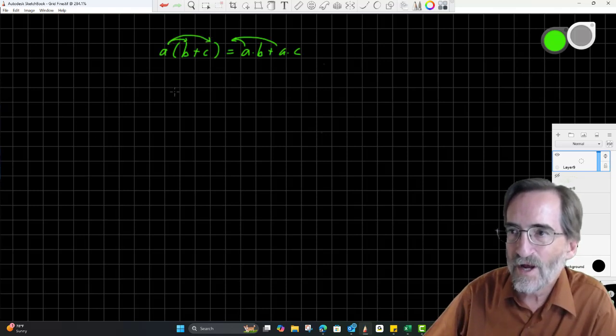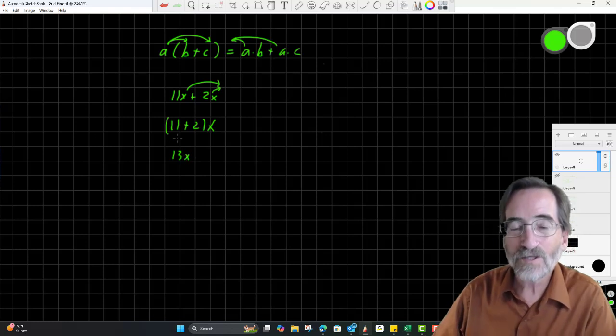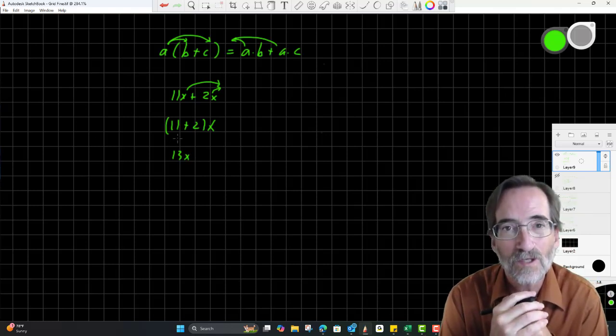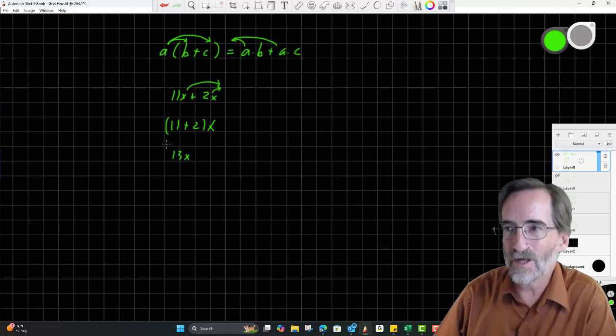So let's say I have 11x plus 2x. They both have an x, so I'm going to pull out an x from both and write (11 plus 2) times x. 11 plus 2 is 13x. So you're actually using the distributive property when you combine like terms. 11x plus 2x is 13x.